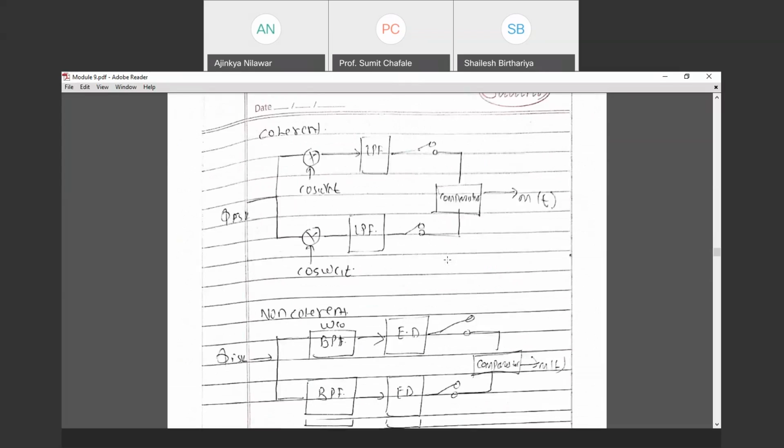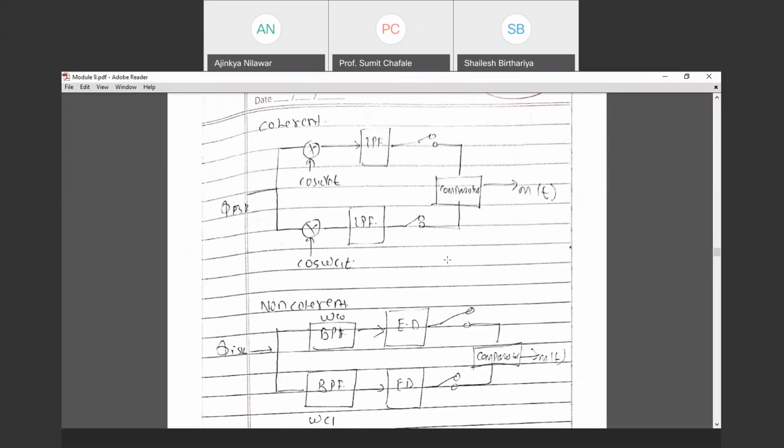Demodulation is again of two types: coherent and non-coherent. In coherent, there is an arrangement of a low pass filter. The basic concept is that whatever carrier frequency we use at the transmitter, the same carrier frequency we use at the receiver, the same signal.